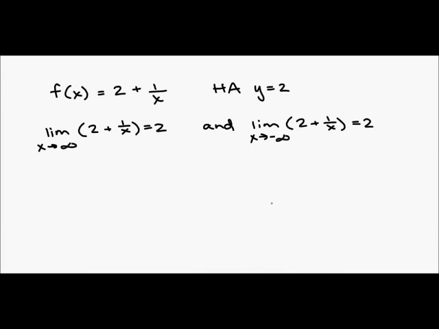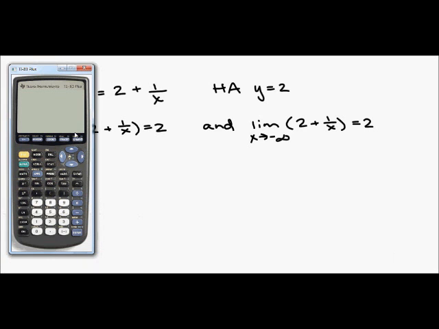Okay, continuing on, we have f of x equals 2 plus 1 over x. So if you were to look at this graph, let's pull it up. So y equals 2 plus parentheses 1 divided by x.